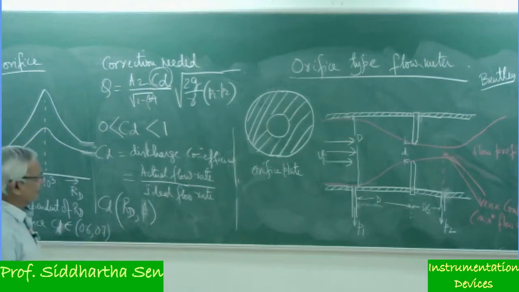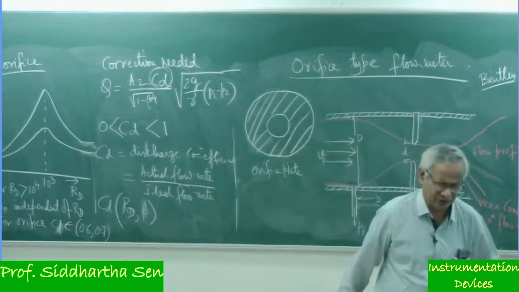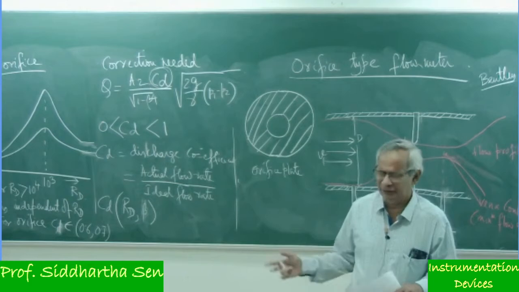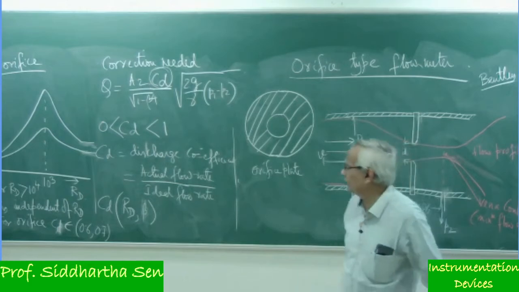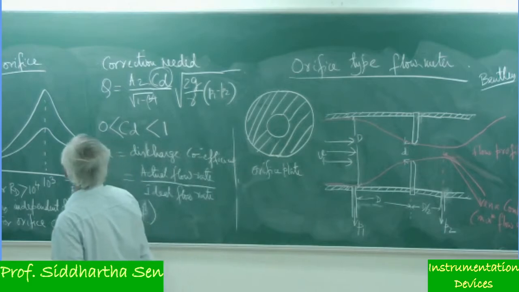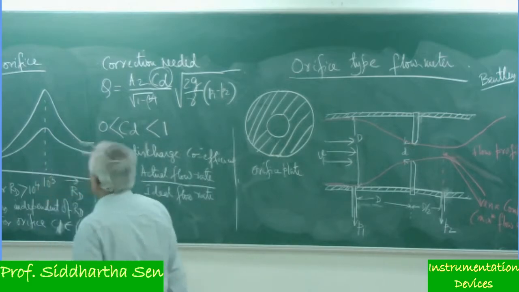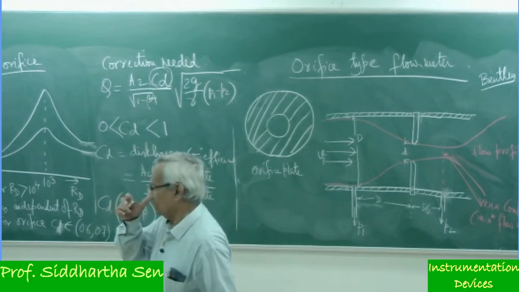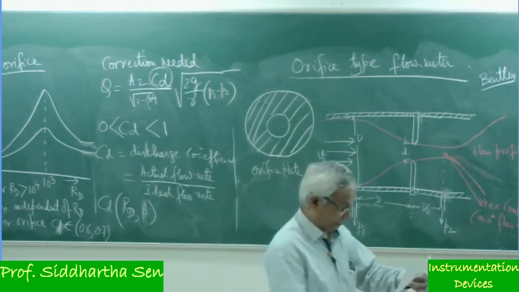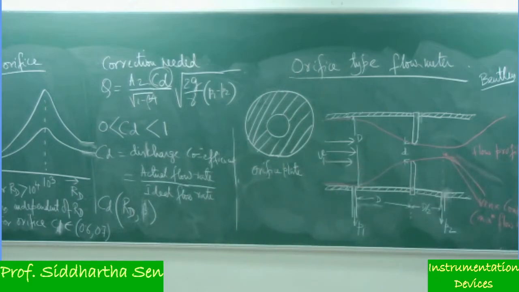But detailed calculations and estimations are there. You can go through any other book. But what we can say is that for the orifice, the discharge coefficient is approximately 0.6 to 0.7, in that range.